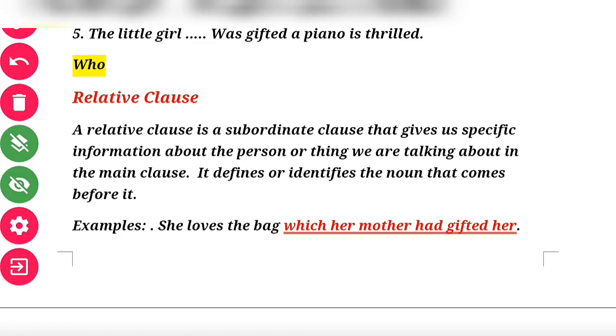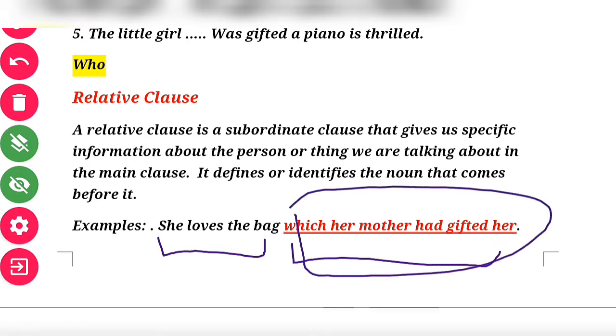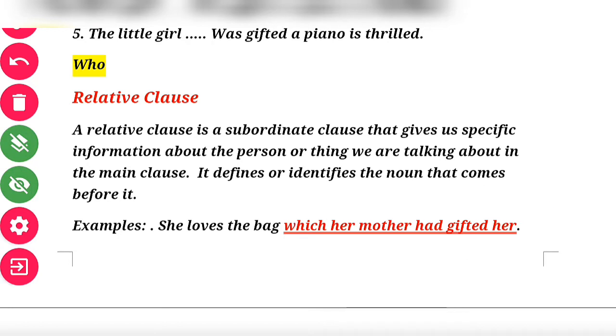On the basis of the definition, I told you that it always modifies the noun, the person or the thing which it modifies. See how this relative clause is giving information about the main clause. She loves the bag. When we are talking about this sentence, the person, she, which is the subject, loves the bag. So here we are talking about the bag. What type of bag?